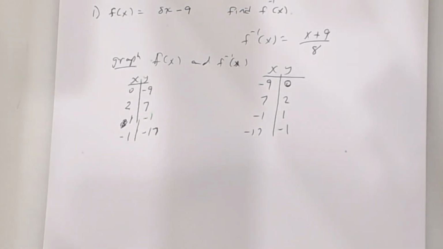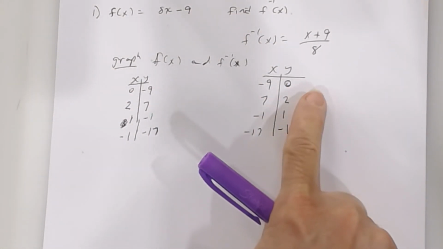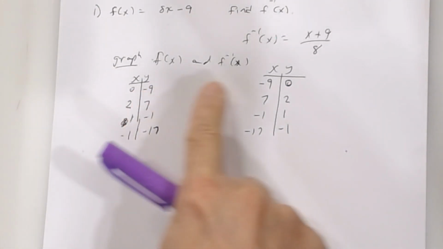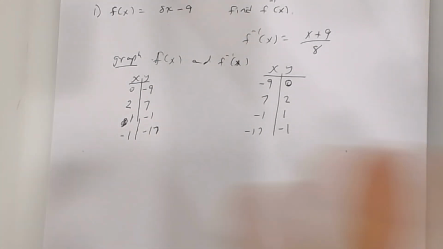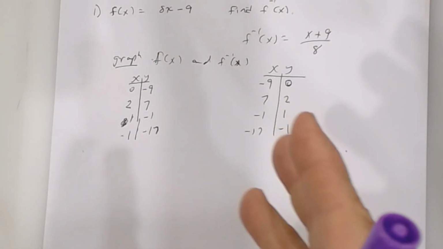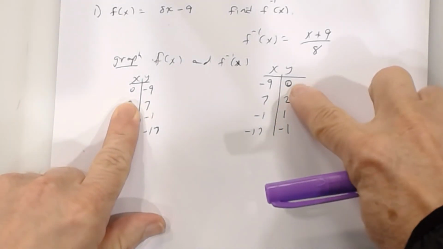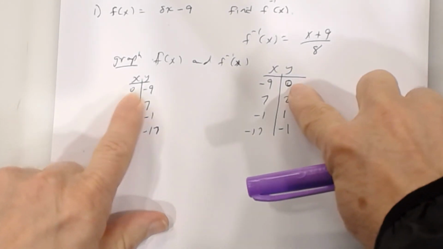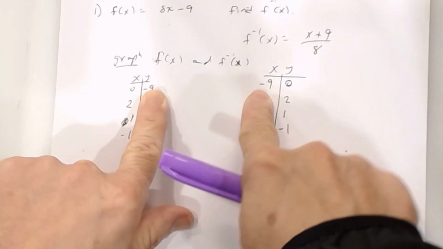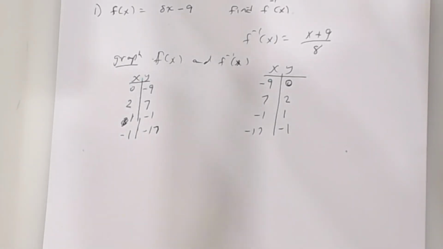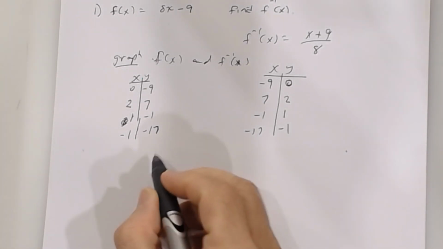So basically you're saying x is equal to what? Y, and y is equal to what? X. So if we look at the line y equals x then, because that's what we're saying, x and y are what? Symmetrical. No. Equal to each other. Okay, x is equal to what? 0 and 0 here, so x is equal to what? Y, and this y is equal to this x. Okay, so I want you to think about the line y equals x.